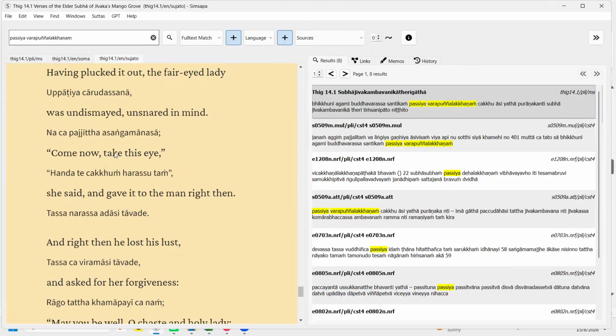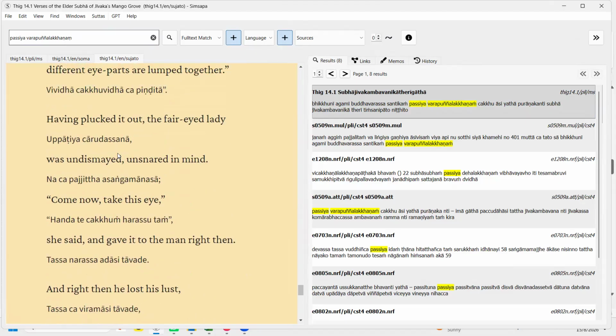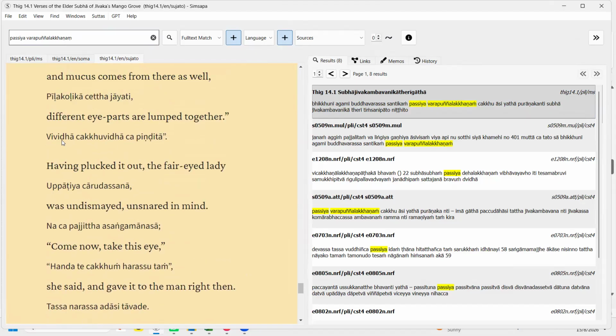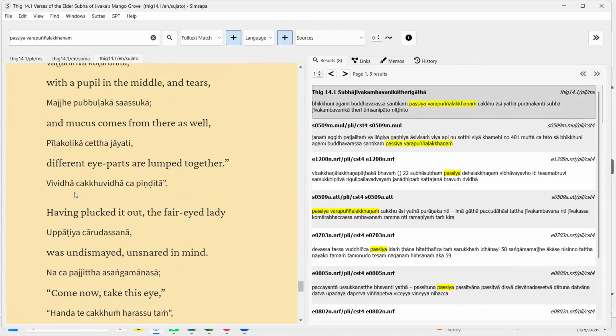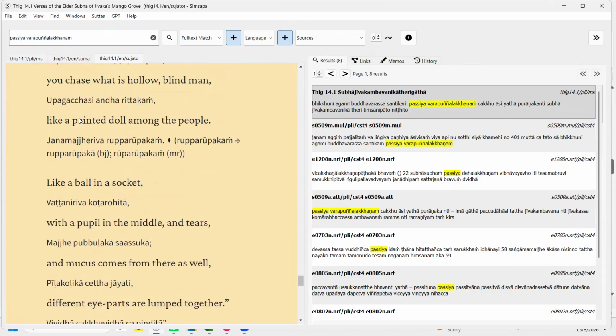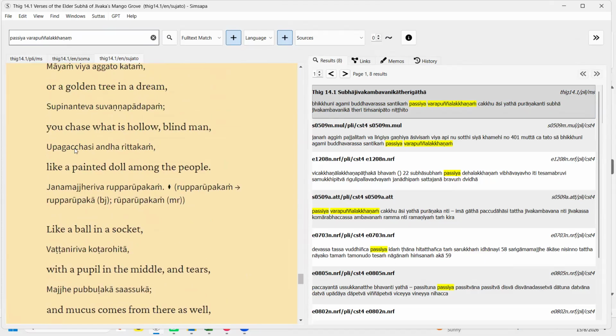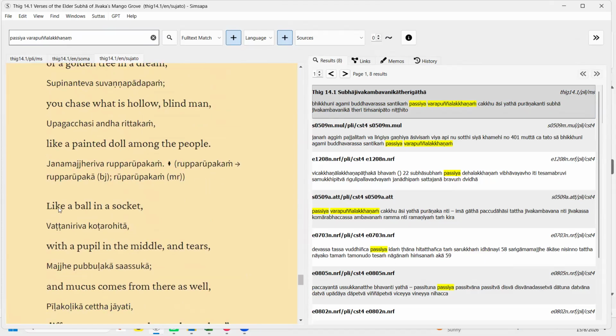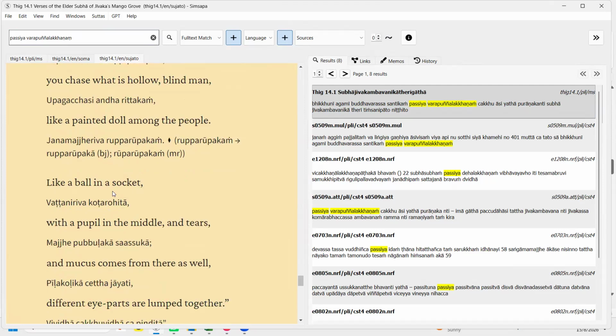Oh, that means she became blind. See, pluck it out. That means she was blind. The last line is difficult to translate. Somewhere here: like a ball in the socket, with a pupil in the middle and tears.